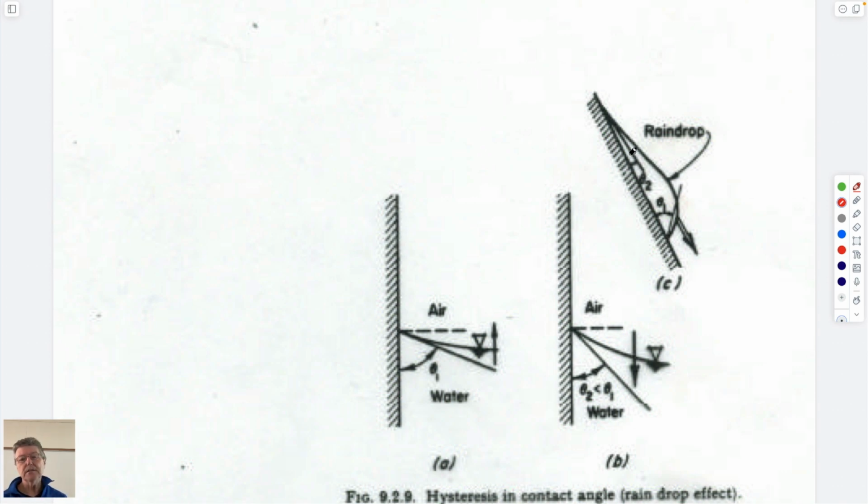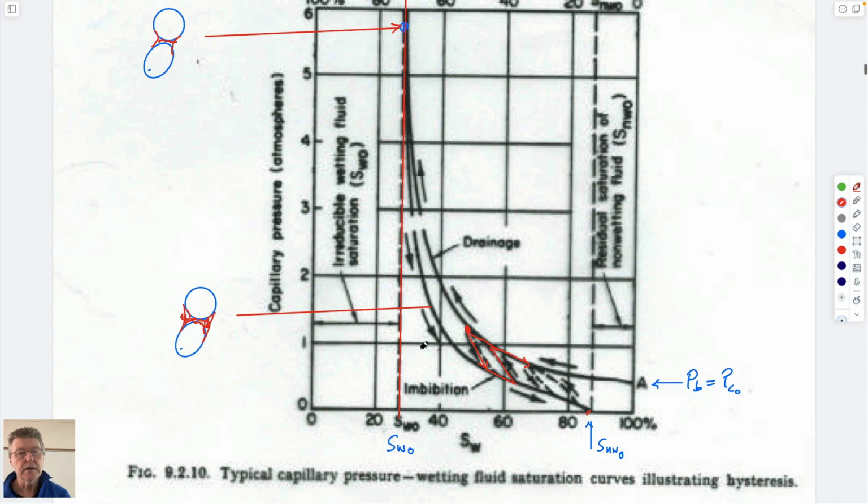If this surface has been pre-wet and it's receding, the contact angle here is less. And this is a portion of the windshield that's newly going to be wetted by this raindrop running down the windshield, and so the contact angle here is much steeper. The fact that it remembers whether it's been previously wetted or not means that its wetting behavior on the grains crosses over on these scanning behaviors.